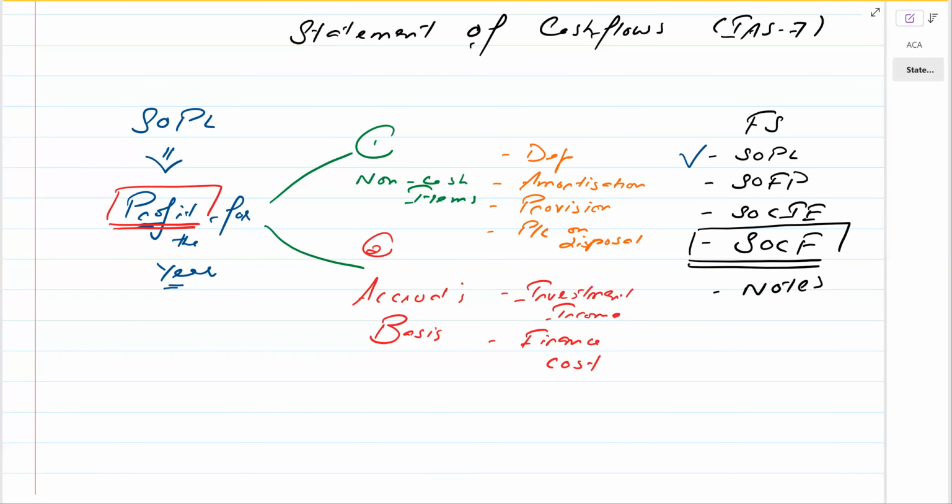The first is the non-cash items, non-cash expenses, included within the statement of profit or loss, with no outflow against them. And then the accrual basis, where income and expenses are recorded in the period to which they belong, irrespective of the cash being paid or received. So we cannot say that this profit represents the cash. That is why there is a need to prepare the statement of cash flow.